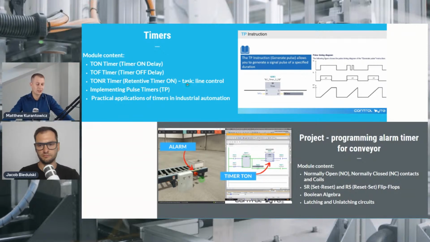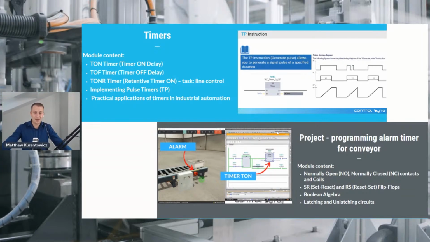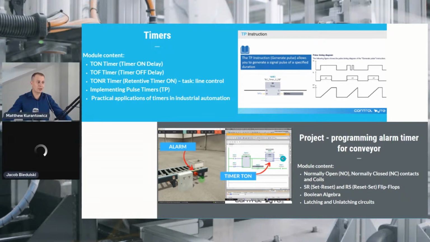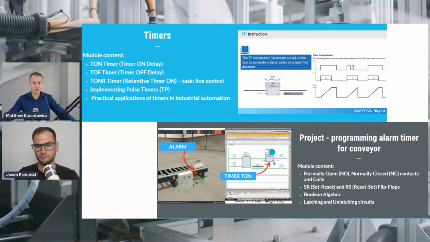Every industrial machine has a timer in some part of the program. And if you learn about that, you can go to a practical project with a conveyor and alarm system. You will use timer on delay to program an alarm to inform the machine operator about an error on our line.